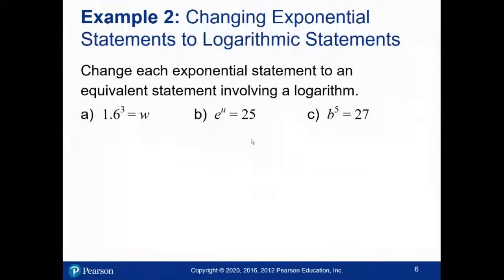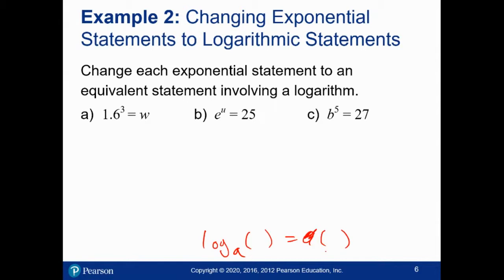So try to change each of the following into an equivalent logarithmic statement. They're written as exponential statements right now. Identify what the base is. Whatever your base is, you're going to have log base that of something equals something else.